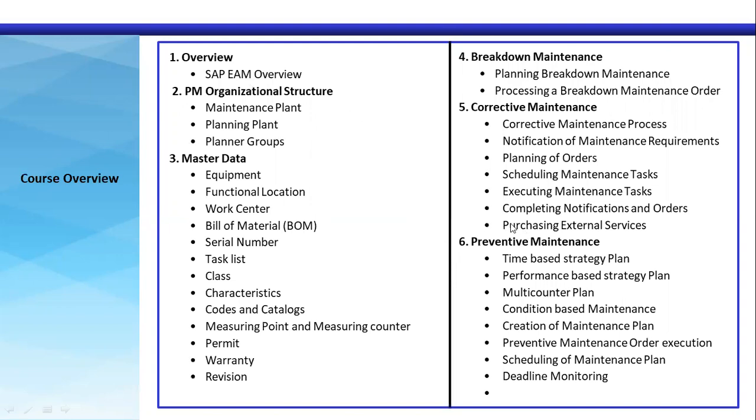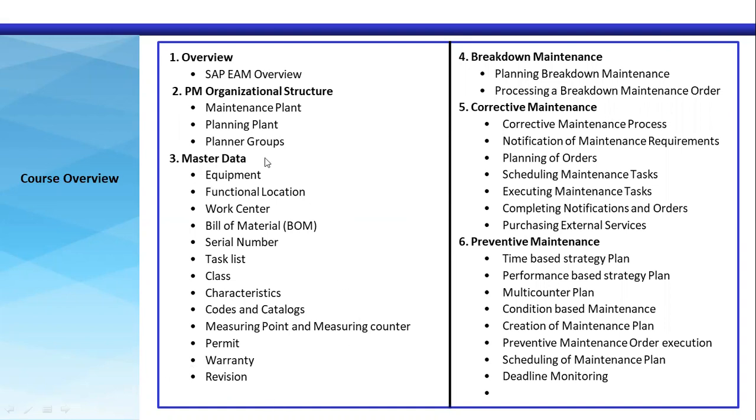This is the agenda of this training. We will see an overview of SAP EAM, then the org structure and different types of master data like equipment, functional location, work center, and bill of material.